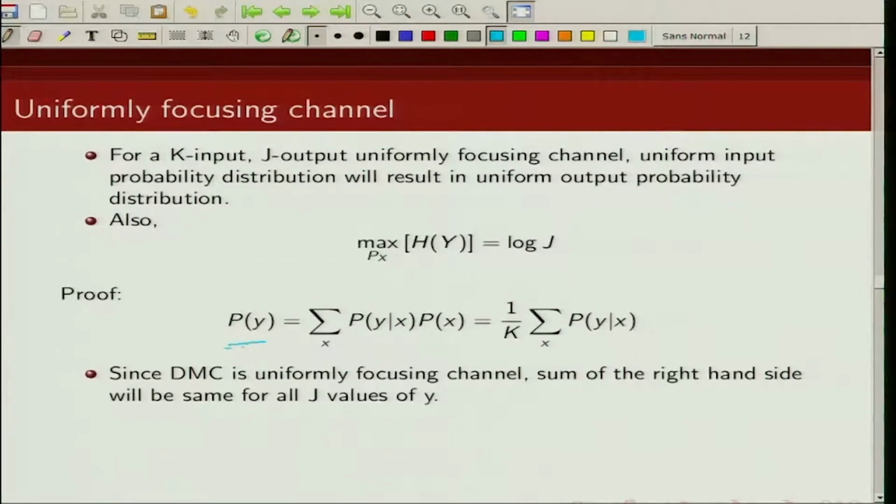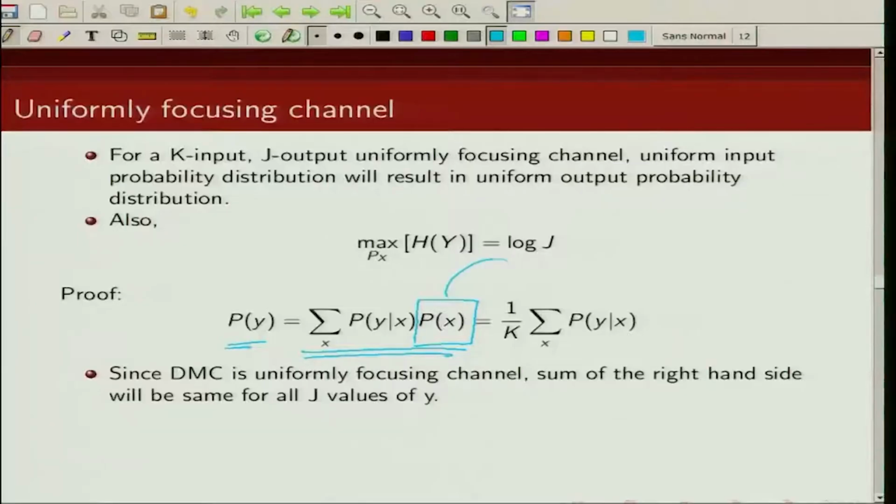Let's prove this. P(y) can be written in this particular way. Now, if we consider a uniform input distribution, since I have k inputs, P(x) will be 1 by k. If I plug this value of P(x) here, then P(y) becomes this.